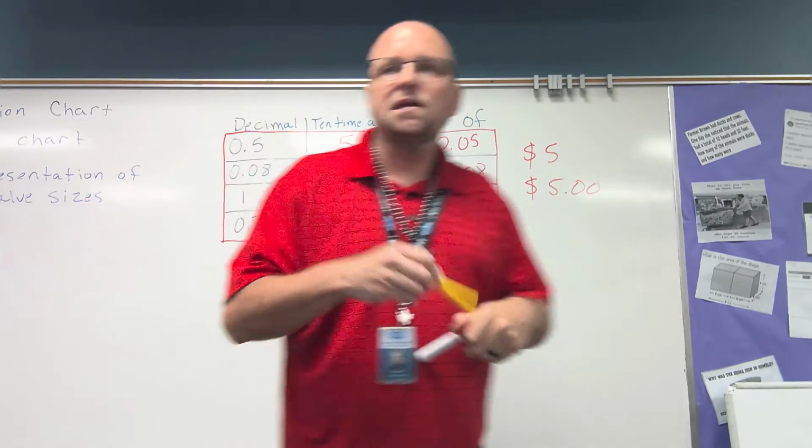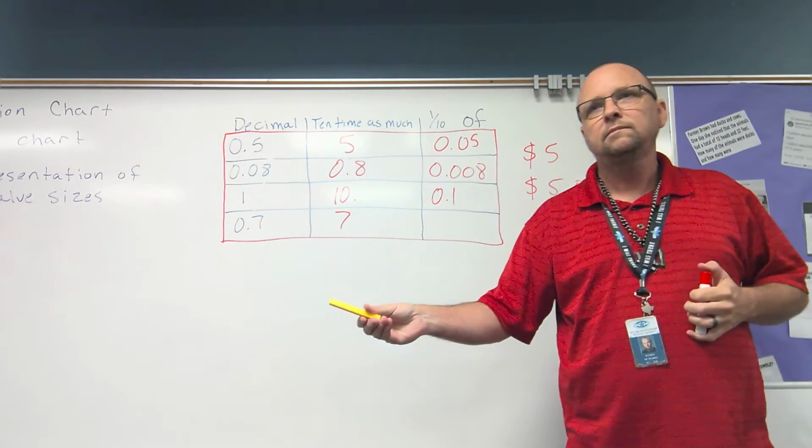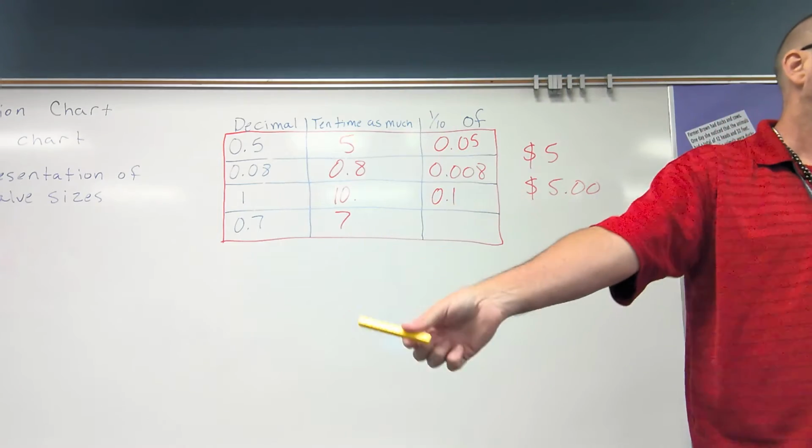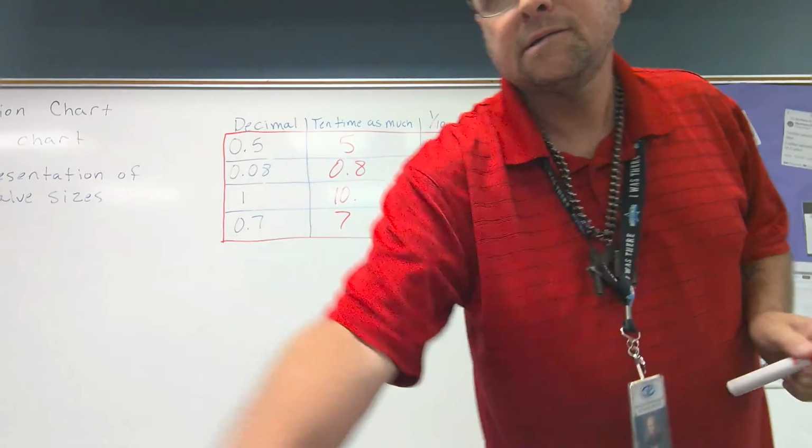I have 7 of these, but I don't want all of them. I want 1/10 of them. And so I would have 7 hundredths.